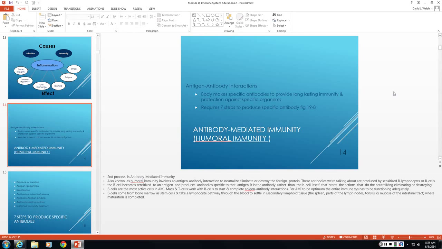So your B cells come from the bone marrow as stem cells, and they take a lymphocyte pathway through the blood to settle in a secondary lymphoid tissue. Now, this is going to be found in the spleen, parts of the lymph nodes, tonsils, the mucosa of the intestinal tract, and this is where the maturation is completed.